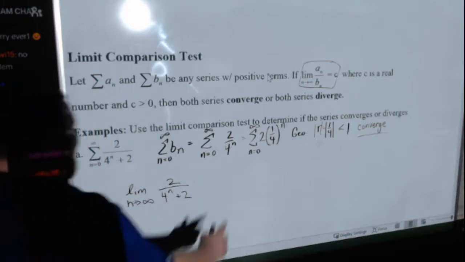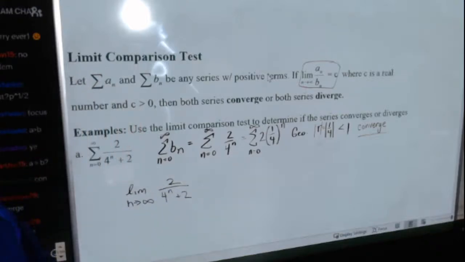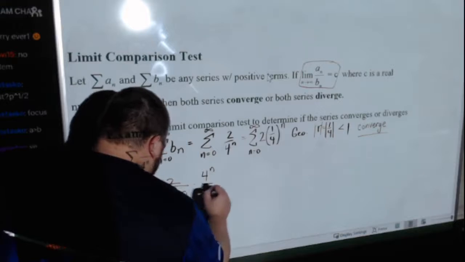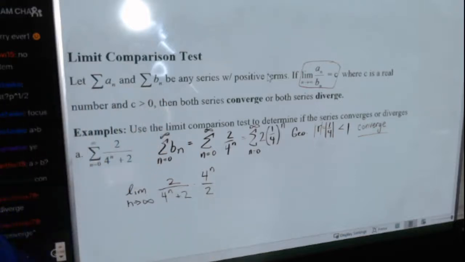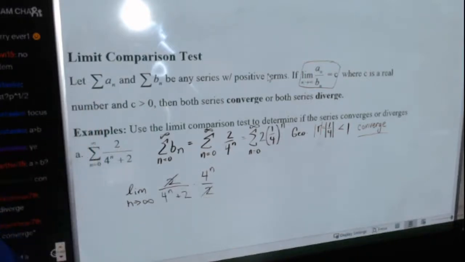And I'm going to divide by 2 over 4 to the n, or if it's okay with you, I'm going to multiply by its reciprocal. That's really nice because I can get rid of those 2's.